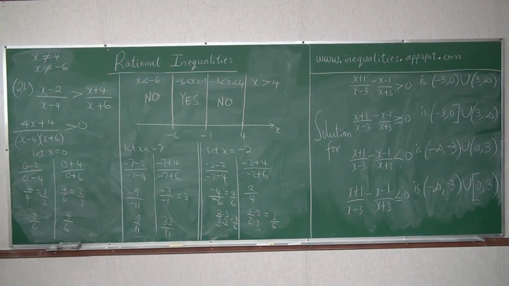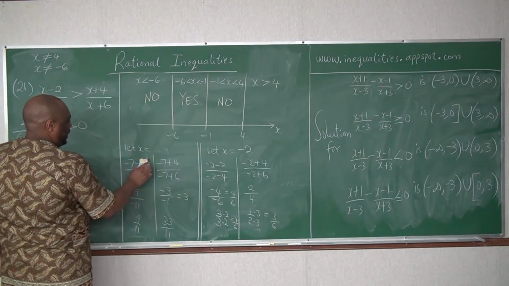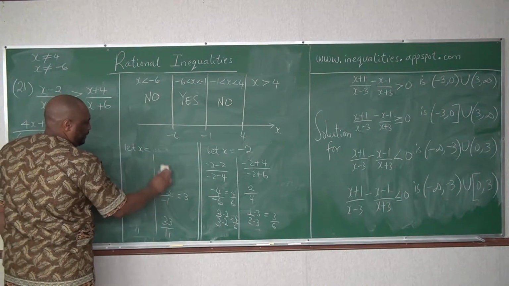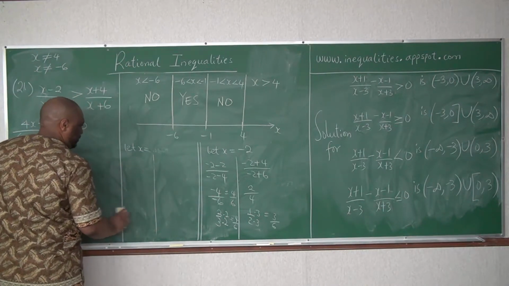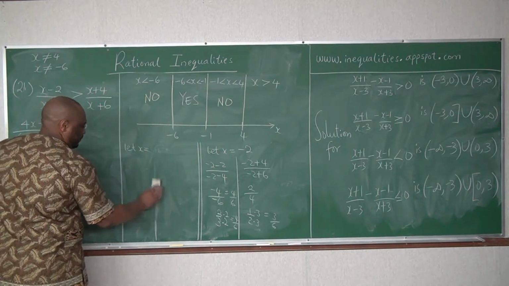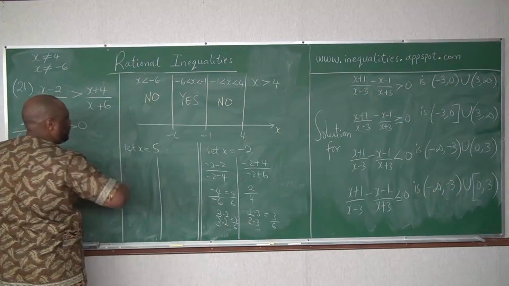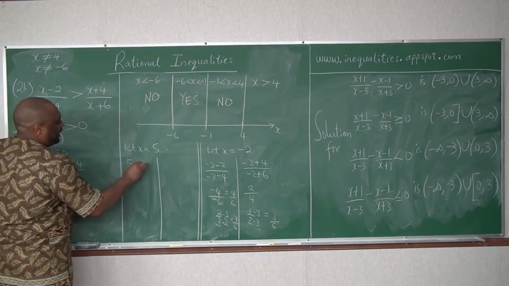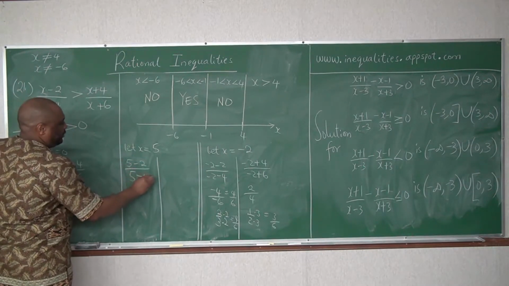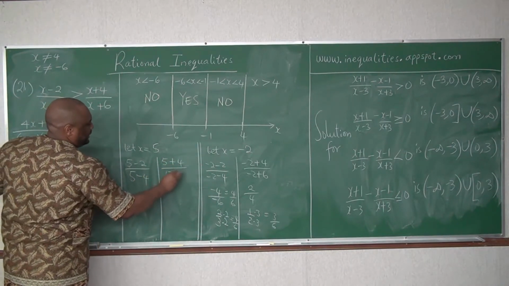Then the last one we test is x equal to 5. So the left hand side will be 5 minus 2 over 5 minus 4, and the right hand side is 5 plus 4 over 5 plus 6.